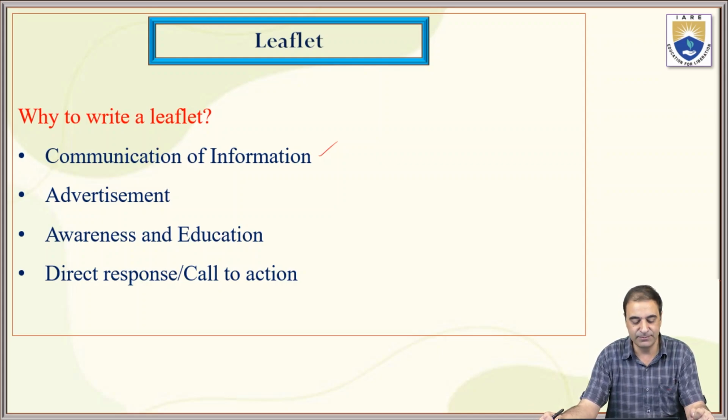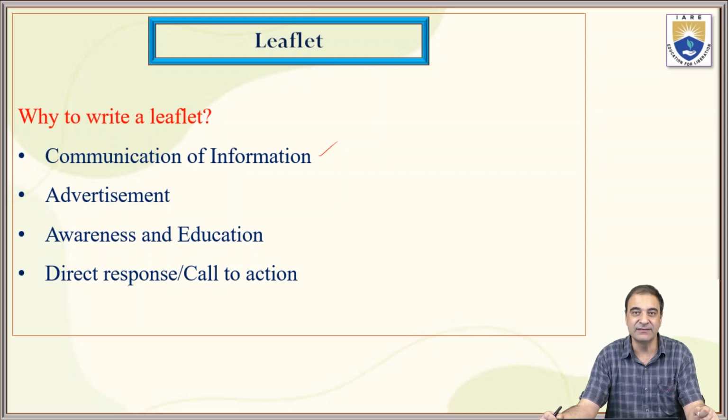And the last, but not the least, is that through these leaflets we provoke the audience to action. That's why we call it direct response. We write these leaflets with the intention that the audience might respond. In fact, we provoke them for a response.